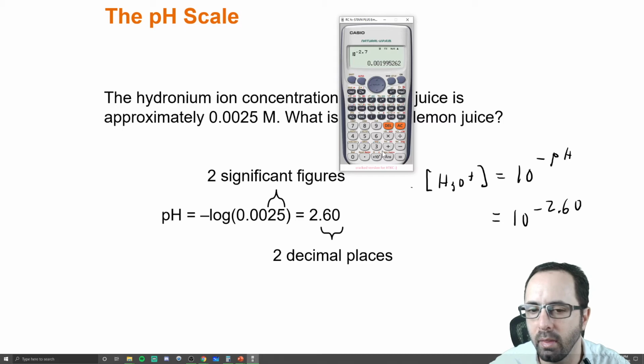So that's why it's appropriate to do one more sig fig, because if I do antilog negative 2.61, where 1 is actually the last sig fig, I get something that's still reasonable. It still rounds to 0.0025. And this is why it's important to pay attention to these sig fig rules.